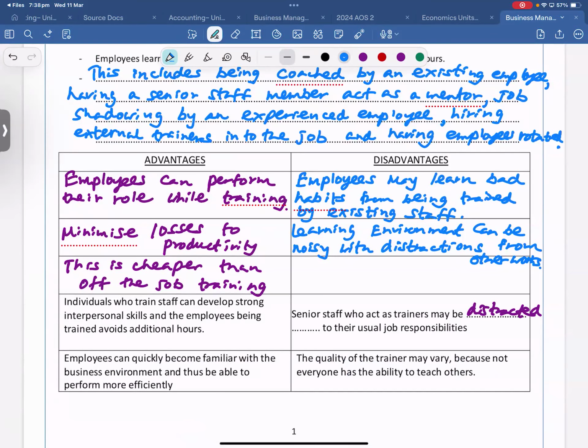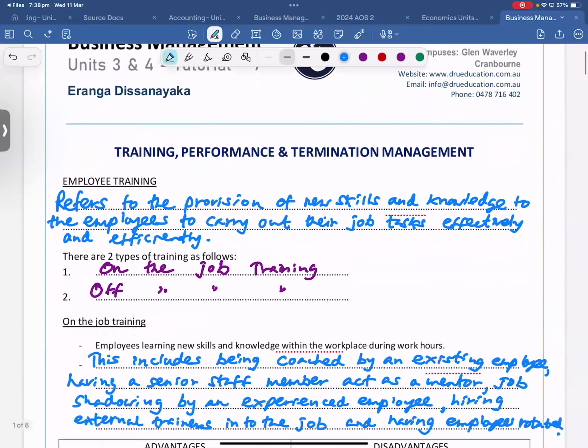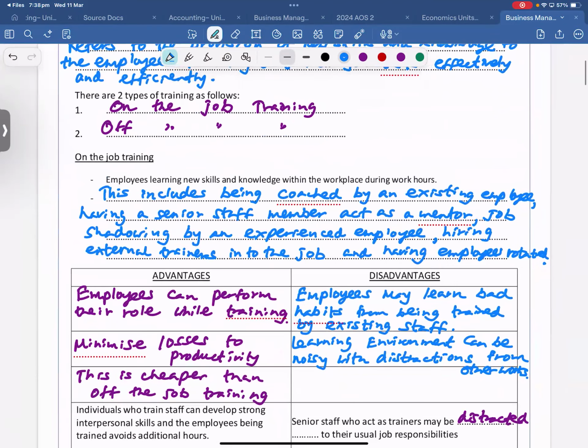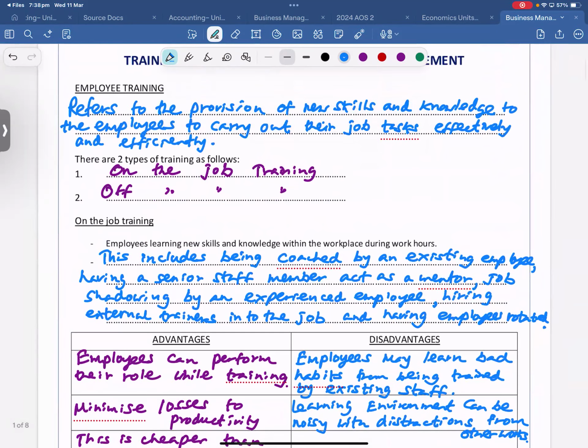Done, ready? Okay. Now, do you get the difference? Right. So, firstly, what is training? Employees are getting the skills and knowledge that is required for them to carry out their job tasks efficiently and effectively. And then, of course, we have two types of training: on the job and off the job. On the job training means employees get the training within their work place.